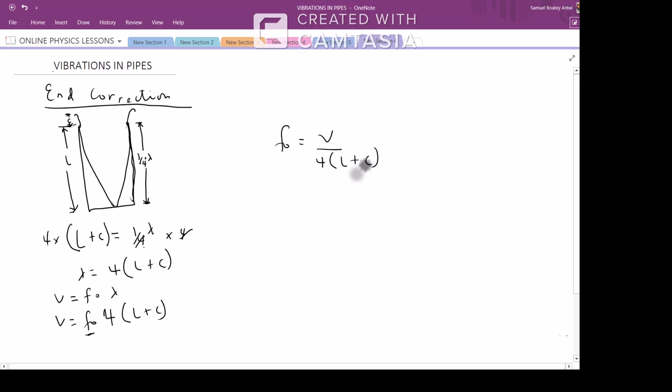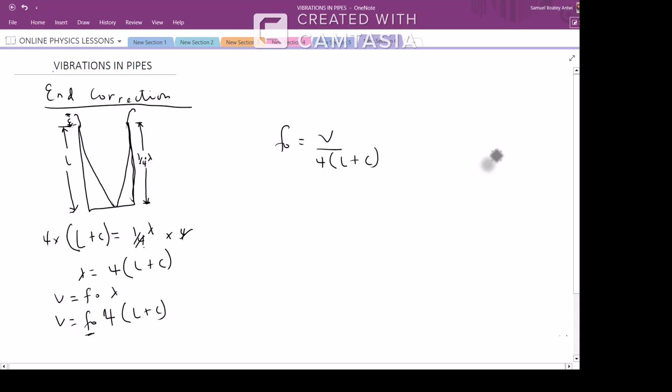Where you find 4L, there is a C there to multiply it. The end goal is that we use this equation to solve more practical questions regarding closed pipes or open pipes.